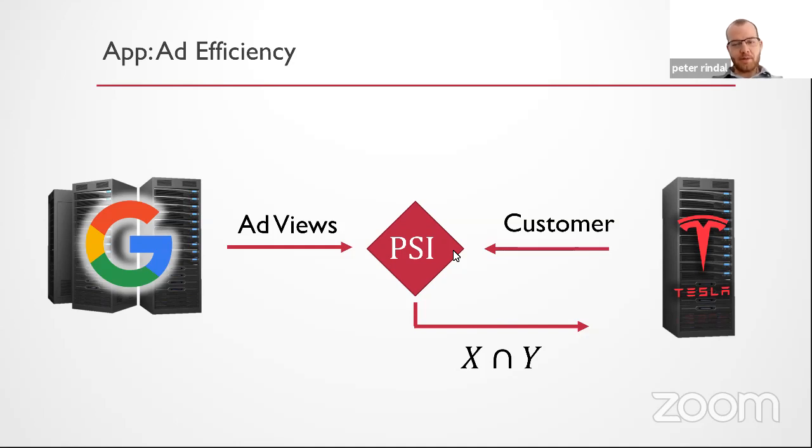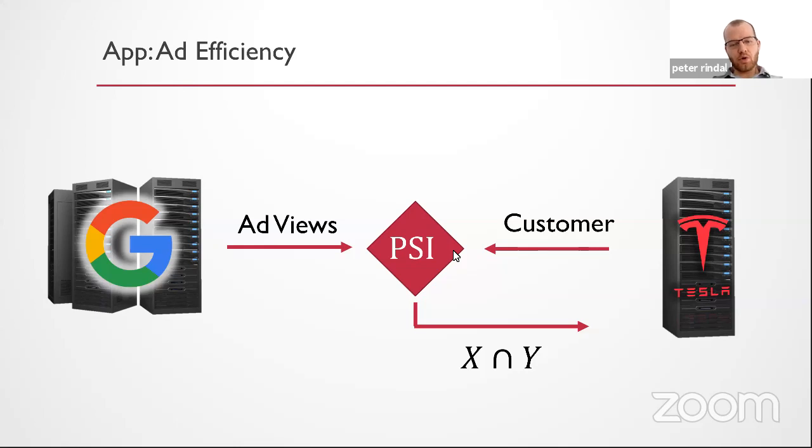Maybe one of my favorite applications is actually being used in the wild by Google. Say Tesla signs up to advertise their cars on Google. Google shows the advertisement to some set of users. Then Tesla, on their hand, sees that they have some set of customers that came in and actually bought a Tesla in the store.